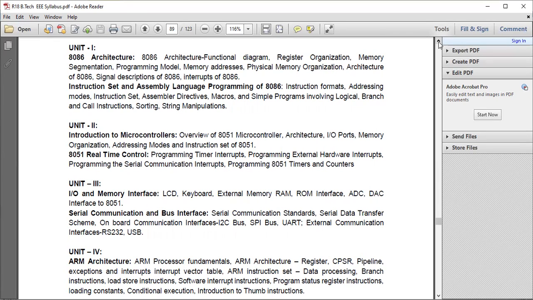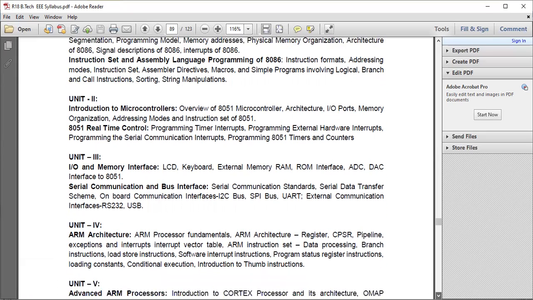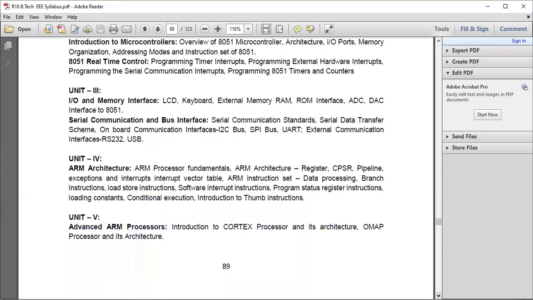Unit 3 is the interfacing part, completely about interfacing. In unit 3 first part, we have input output and memory interface, like LCD, keyboard, RAM, ROM, or ADCs and DACs, that is analog to digital converter and digital to analog converter.